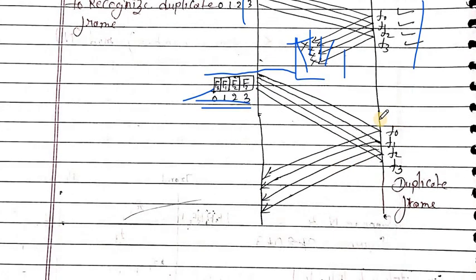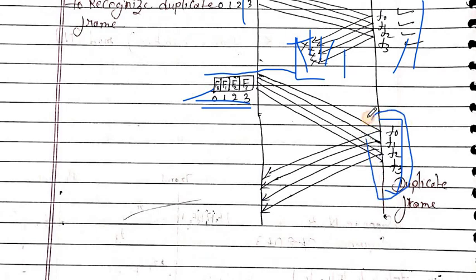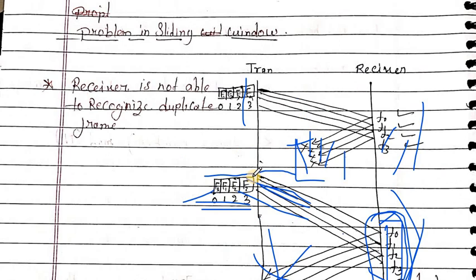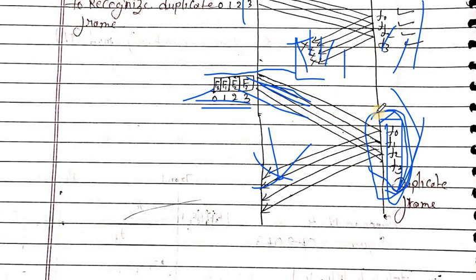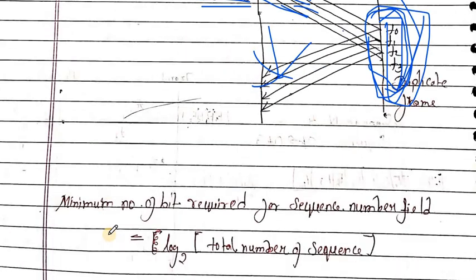But the receiver won't be able to identify whether the upcoming frames are the same as the previous ones or different ones. That is the main problem in sliding window. The receiver end won't identify whether the newly coming 4 frames are duplicates of the previous ones.